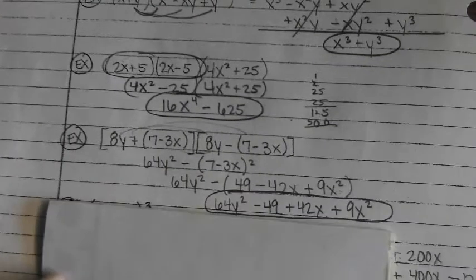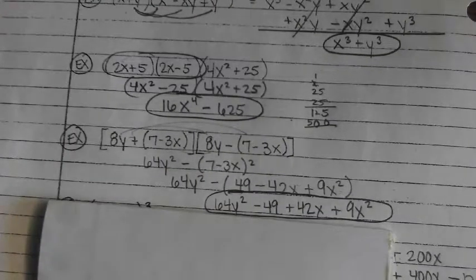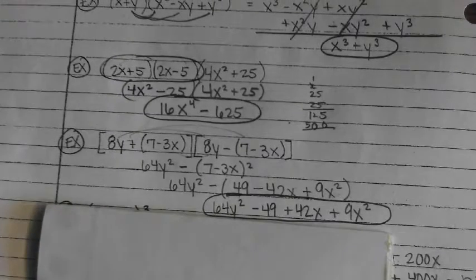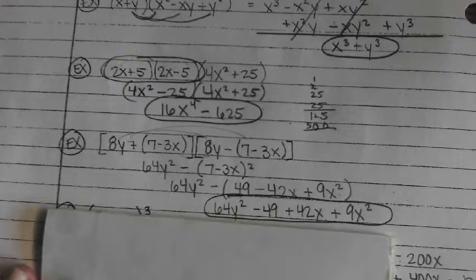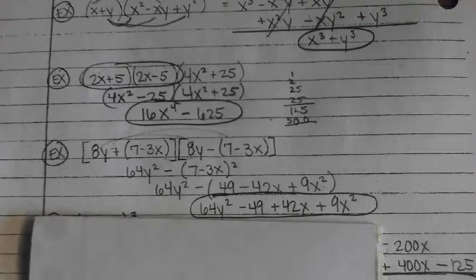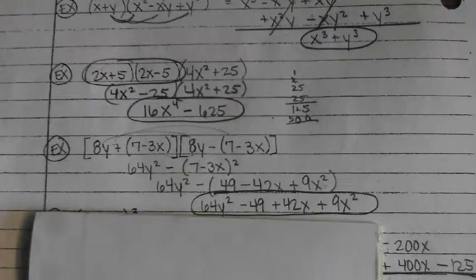How about on the third one? Let me go with Winter. 64y squared plus 9x squared minus 42x plus 49. Did anybody get anything different than that? Good. Thank you for not being shy about it.